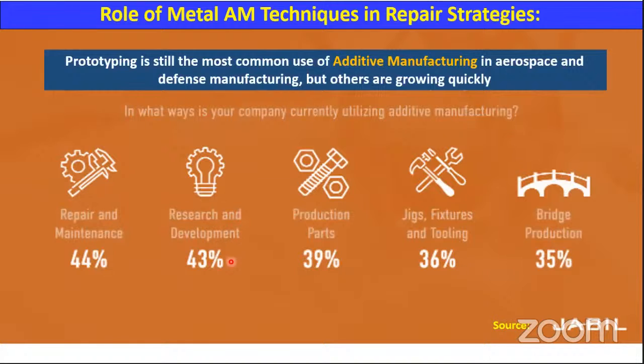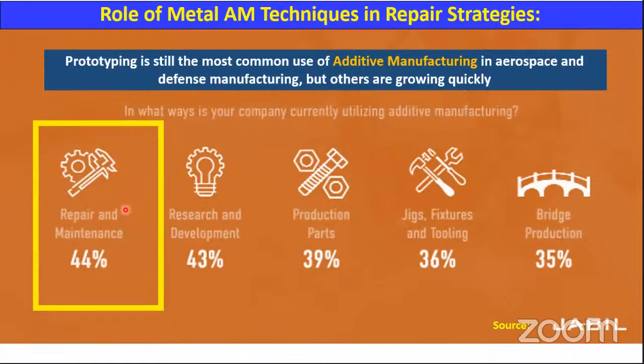You can see the breakup of AM usage in different scenarios, like R&D, prototyping, production, jigs and fixtures, bridge production, and so forth. But of late, repair and maintenance is also gaining a lot of importance, and that's how remanufacturing or repair could be another application of these metal AM technologies, right?